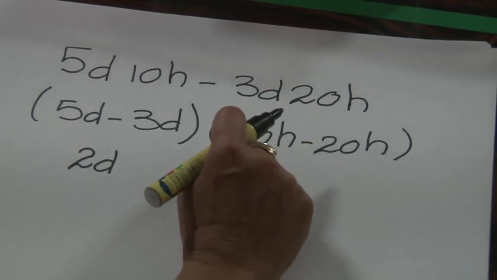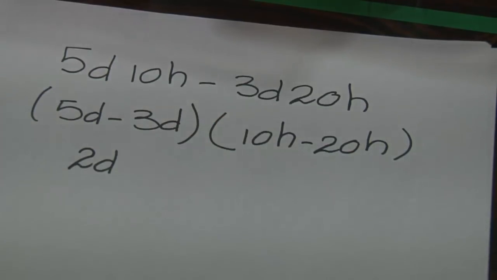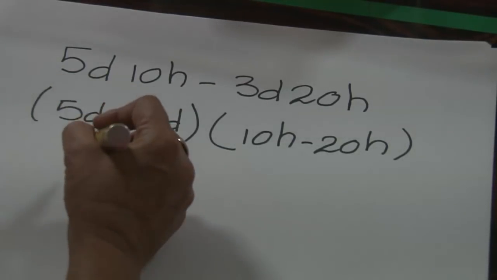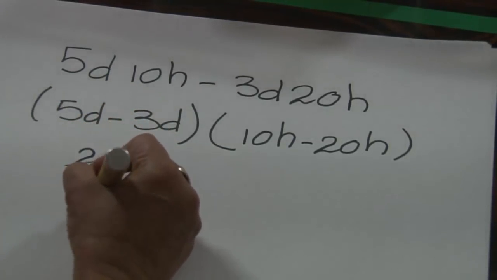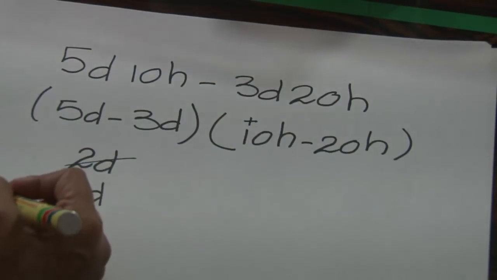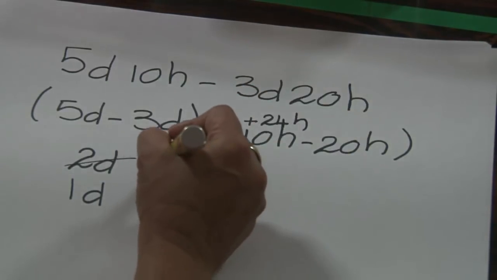What do I do when I have a smaller number? I go borrow. Now where do I go borrow from? I go borrow from my days. So what do I have left? I have 1 day left. So 1 day is equal to 24 hours. So what do I have now?